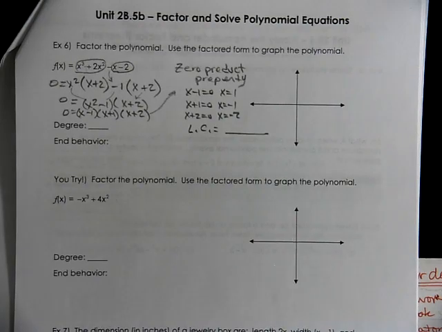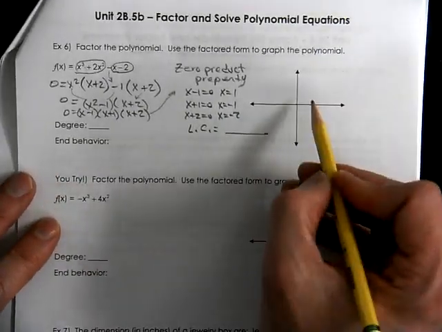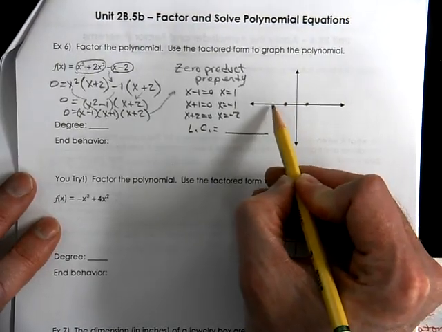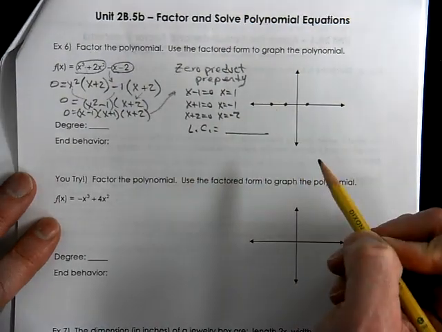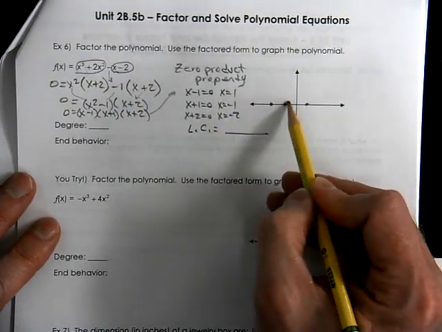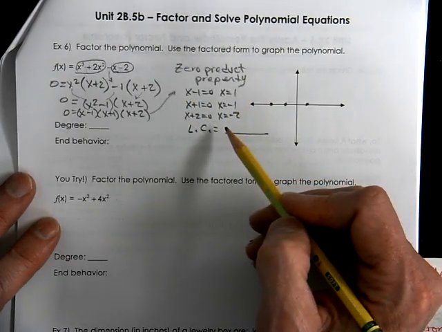Those are the zeros of the function. So when we go to our graph, we're going to be at positive 1, negative 1, and negative 2. Those are the values on the graph that these would stand for.